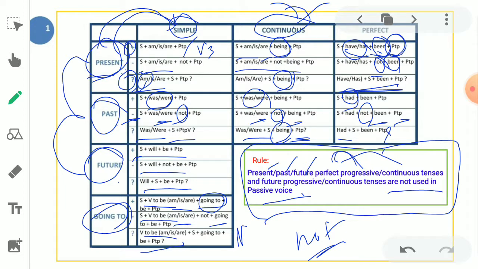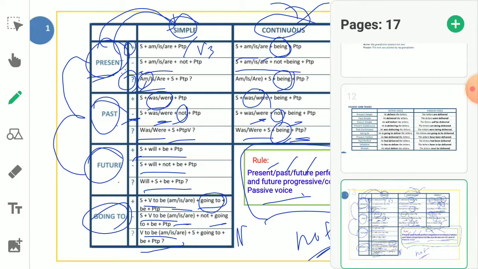But in passive form, present, past or future perfect progressive or continuous is not used. Similarly, the future progressive or continuous tense is not used. Keep in mind, not used in passive form. Got it? Yes, let's move on.